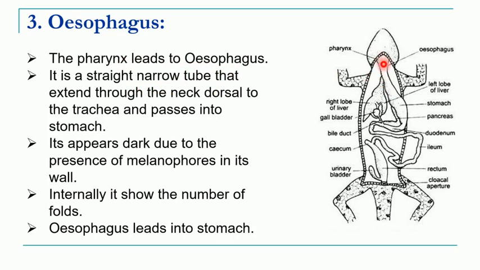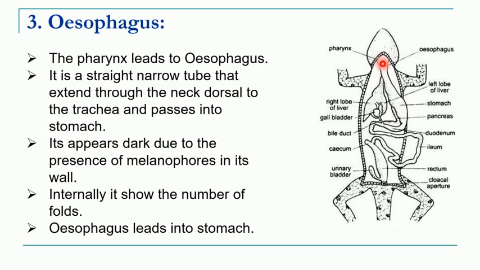Here you could see the esophagus. It is like a joining part in the neck region, and on the dorsal side it has the trachea, which is part of the respiratory system, and it opens into the stomach, a tubular sac-like structure. Now this esophagus appears dark in color because it has a specialized type of cell called melanophores.